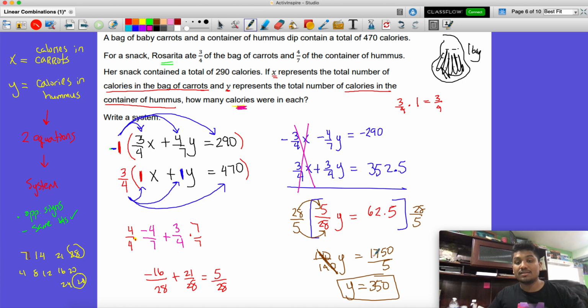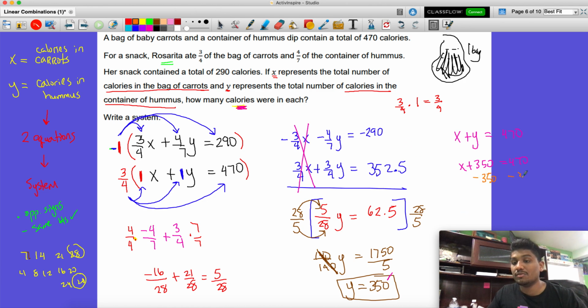To find the X, we're going to substitute, but there's no way that we're going to use this one. We'll use this one. So X plus Y equals 470. Substituting the Y for 350 equals 470. And then this becomes a much simpler thing, right?